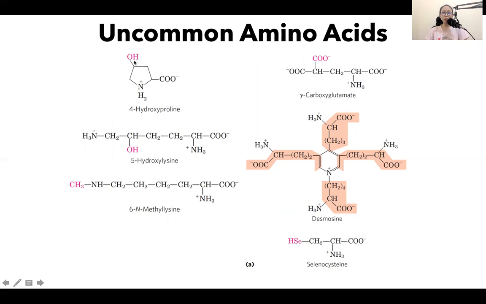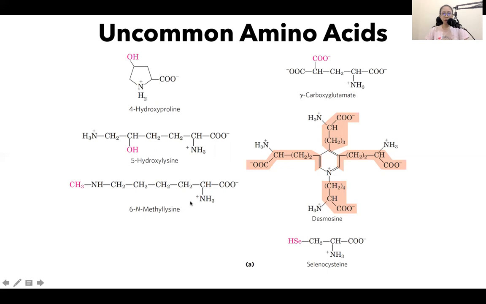So this is carbon 1, 2, 3, 4. So we have OH at carbon 4. And also 5-hydroxylysine has an OH group at carbon number 5. So this is carbon number 1, 2, 3, 4, 5. These two are found in cell walls of plants, and they are also components of collagen.